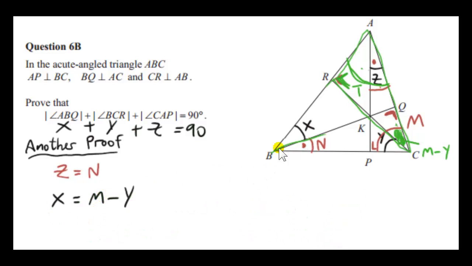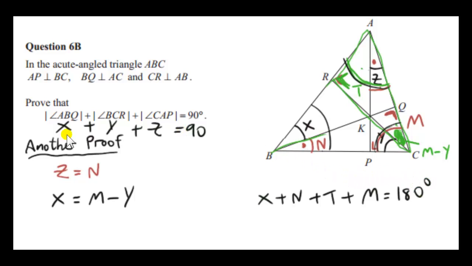Okay, let's see now. Let's add up the three corners of the big triangle. They add up to 180, of course. So we have X plus N here, we were calling this one T, and what about this one here? Well, we called it M. We somehow have to prove this thing here, so we don't want N, M, or T appearing in this.